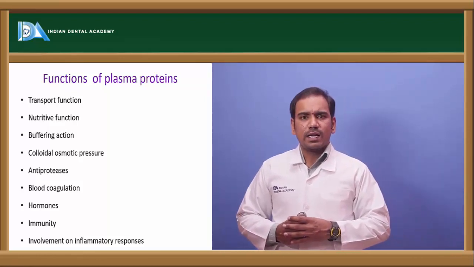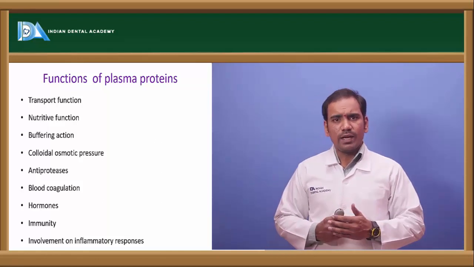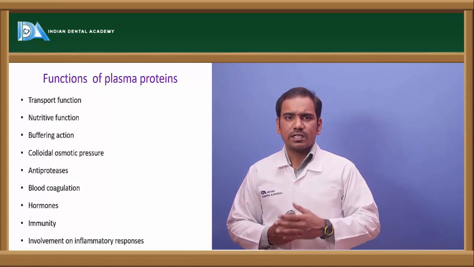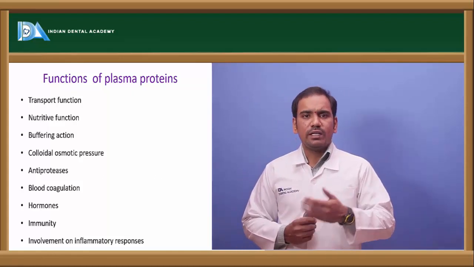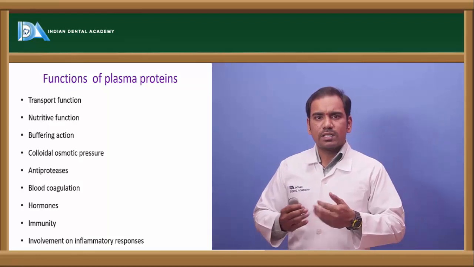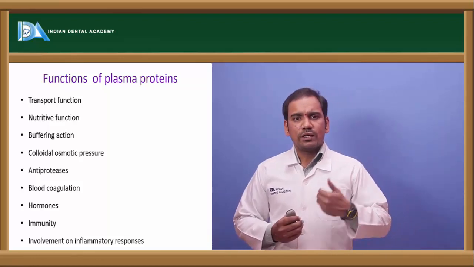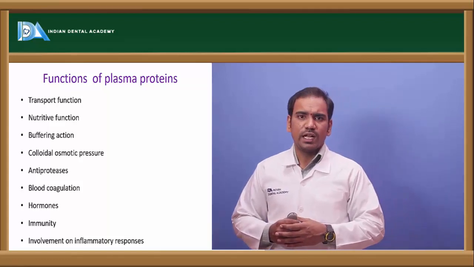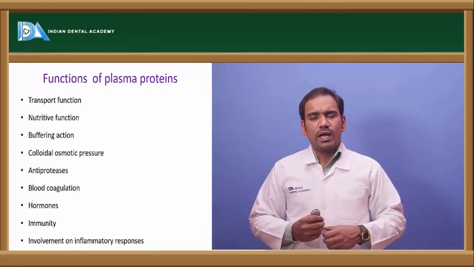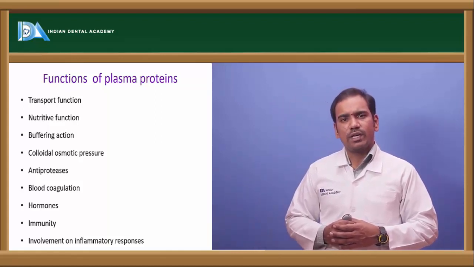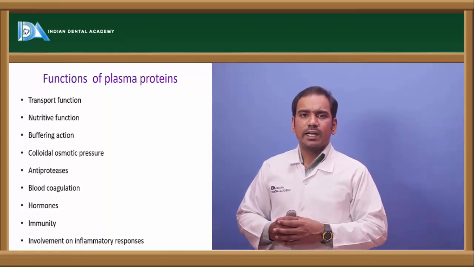According to Starling's hypothesis, at the arterial end of capillaries, the effective osmotic pressure is 25 mmHg and the blood pressure is 35 mmHg. Here the difference is 10 mmHg, so water is expelled into the tissues with a pressure of 10 mmHg. At the venous end of capillaries, the effective osmotic pressure is 25 mmHg and the blood pressure is 10 mmHg.